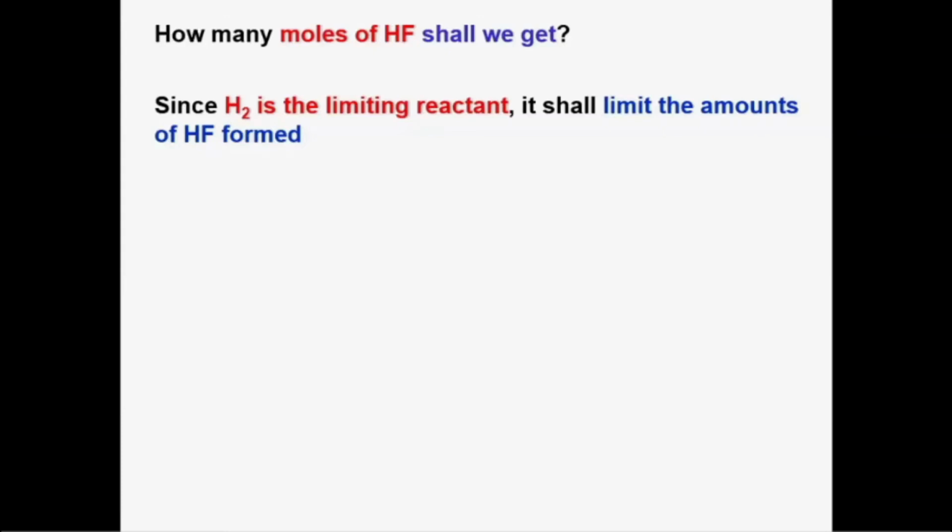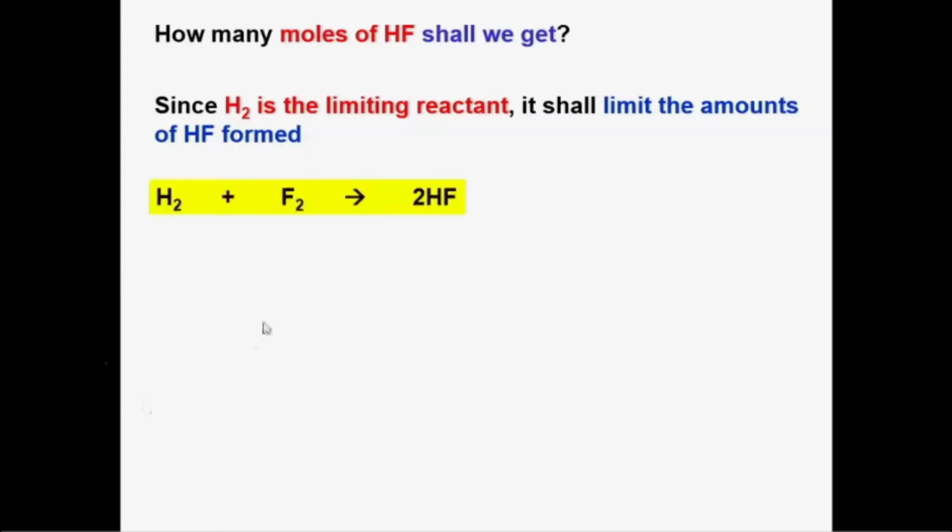But since we only have 3 vanilla flavored creams, we can only make 3 sets of Oreo sandwich cookies, because the vanilla flavored cream is the limiting reactant. So we can only get 3 sets, and not 4 sets. Let's get back to hydrogen and hydrogen fluoride.